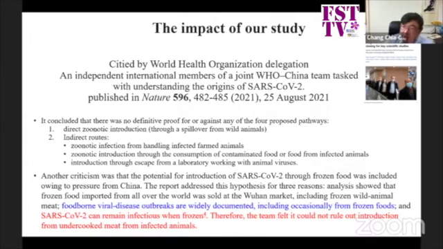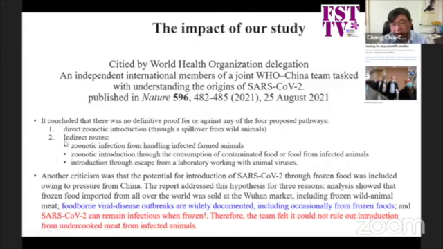After their investigation, they identified four possible pathways for the virus infection. The first is direct zoonotic introduction. However, since the outbreak has been going on for years, they cannot get any evidence.